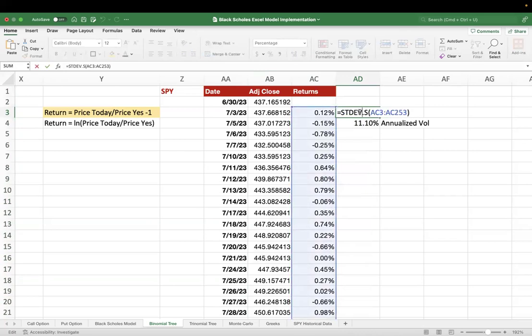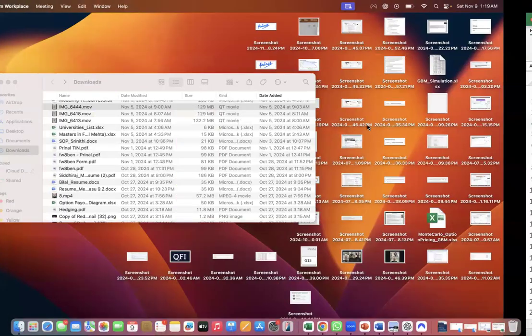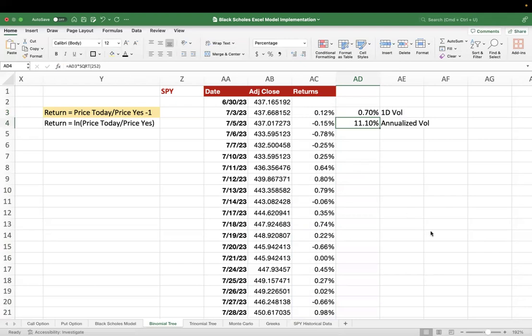So whenever we use this formula, the way Excel gives the output is, it basically says that this is a 1 day volatility. Now, to arrive at the annualized volatility, we multiply the daily standard deviation.